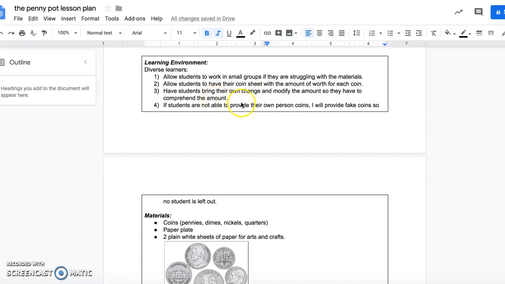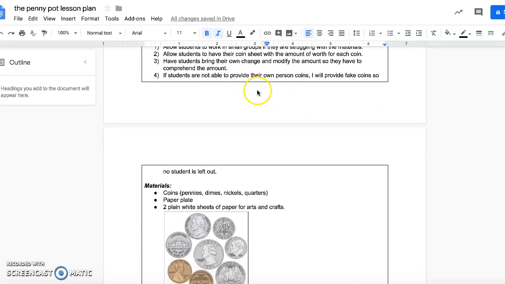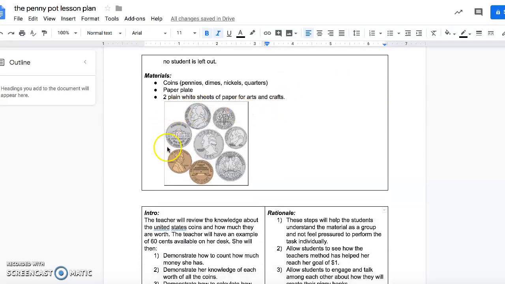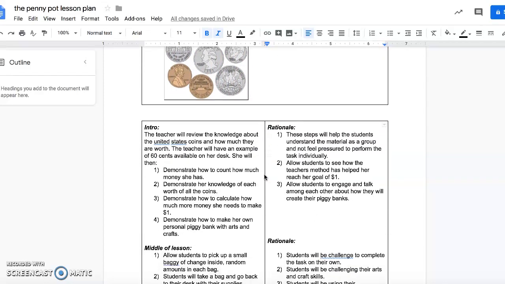Students will bring their own change, and if students are not able to provide their own coins, they can use the fake ones I will provide in my classroom. As I mentioned, students will need to bring change, preferably not just all quarters, but bits and small pieces of change, in order to help improve their skills.